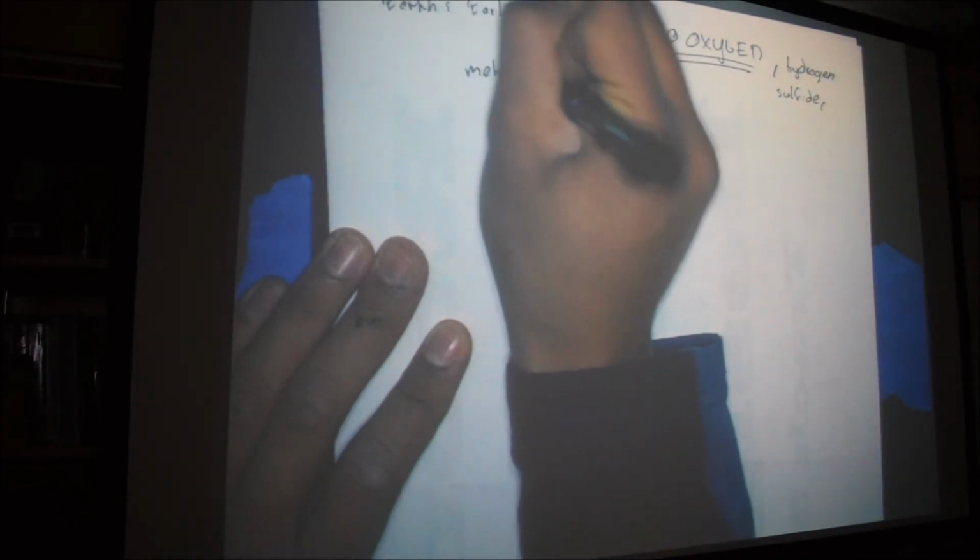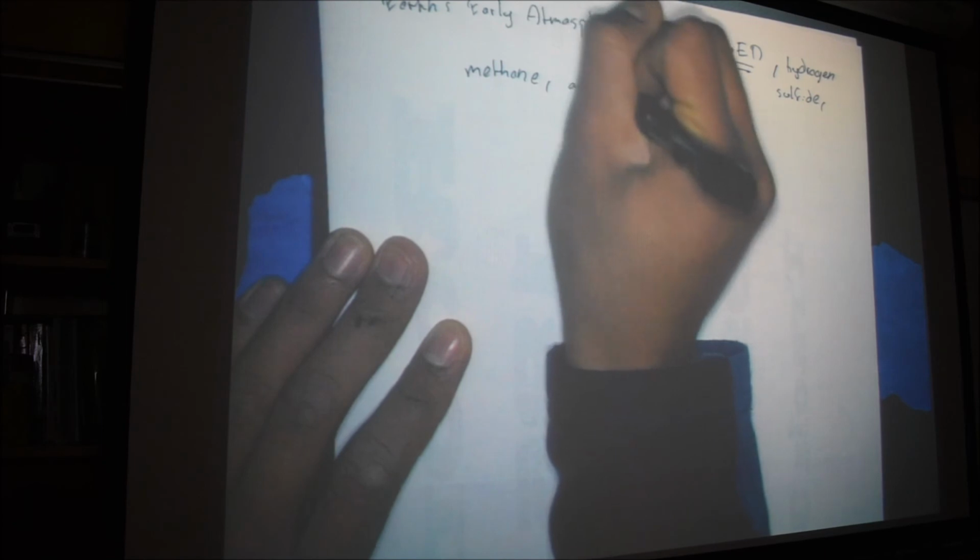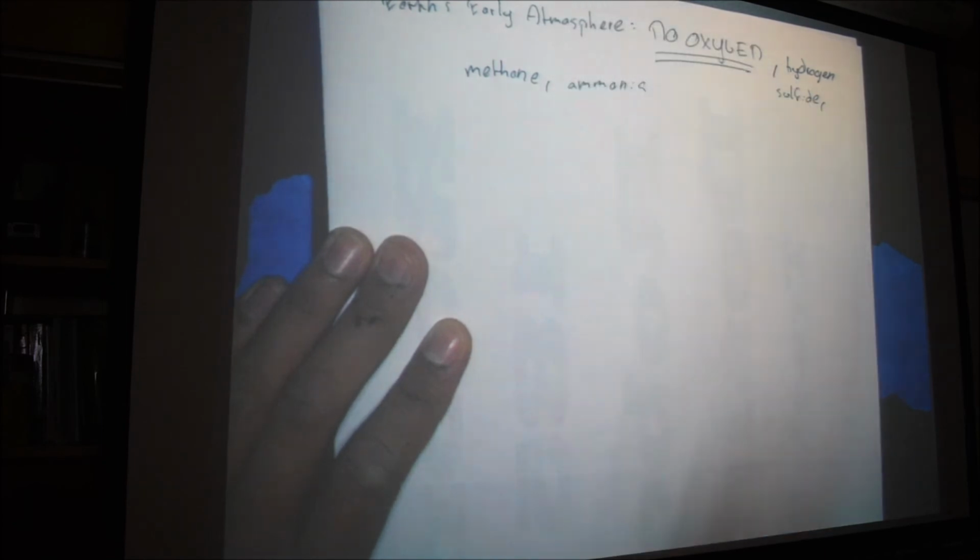That is the biggest thing you could take away from this. But what it did have is hydrogen sulfide, methane, and ammonia. Now, it was a pretty toxic place, right?